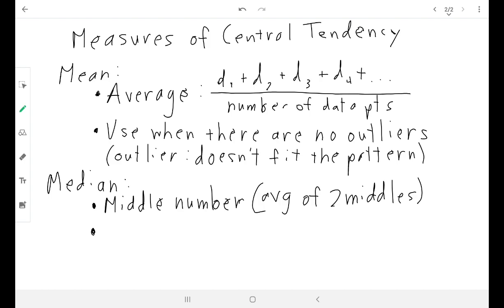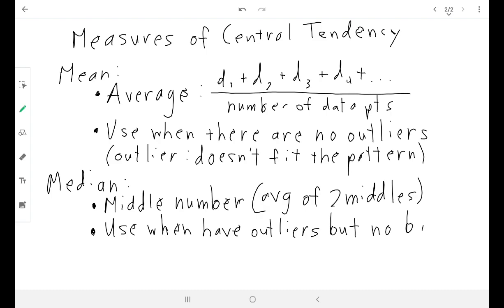And this is best, we're going to use this when we have outliers but no big gaps in the middle of the data.